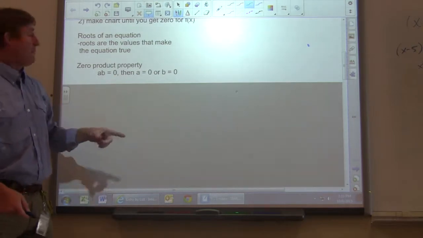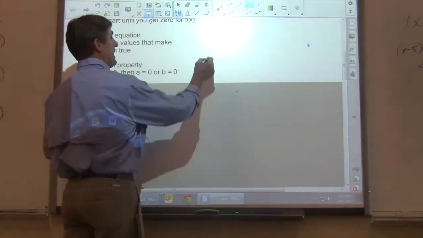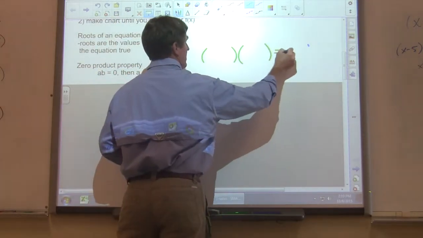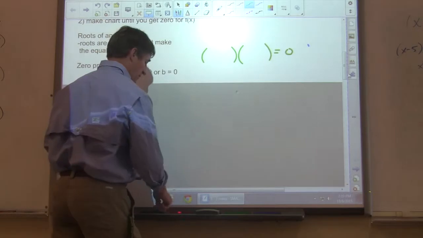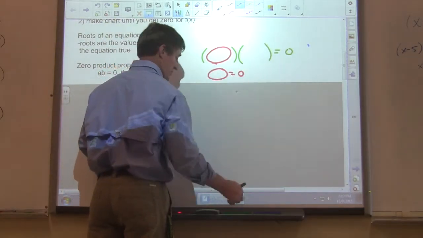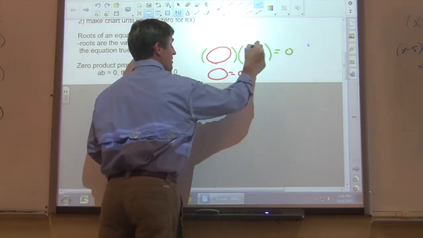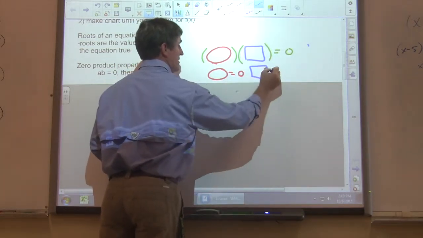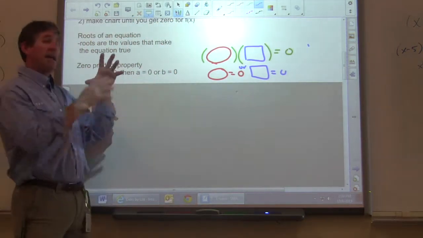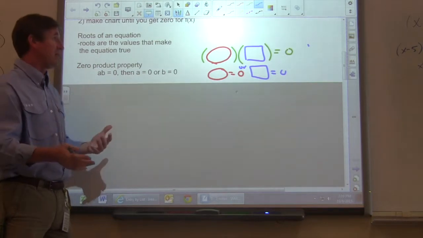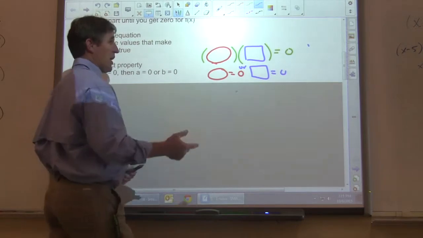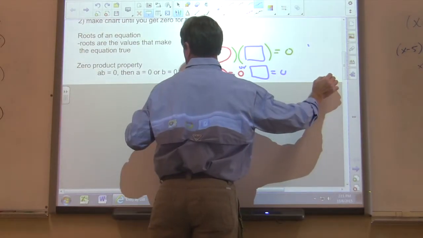So we're going to use that, because what we can do is if we take something and factor it into two things multiplied together, and we know it's equal to 0, then we know either this equals 0 or that has to equal 0. One of those two has to occur. So if I can break an equation down into things that are multiplied together, then we can set them equal to 0 and solve those individual parts, which helps us when we get to fractional answers.